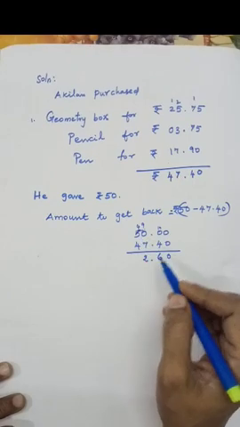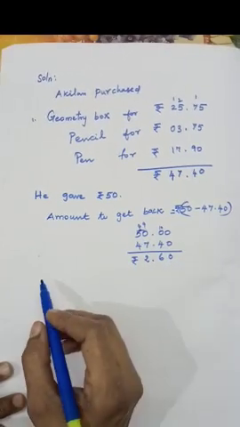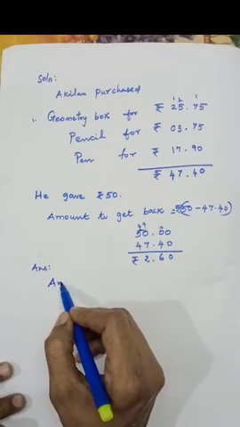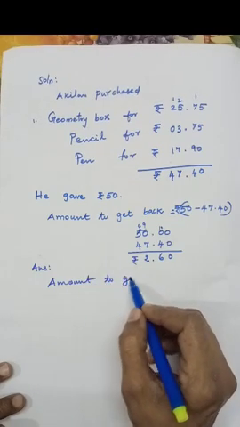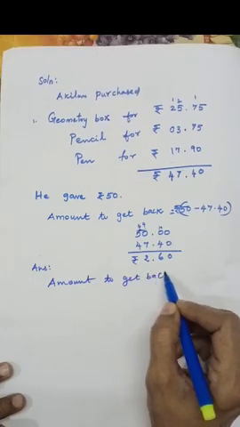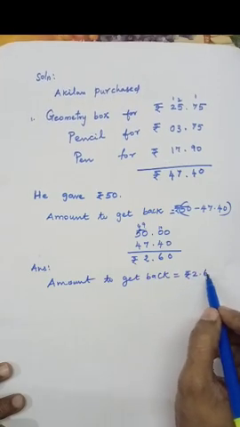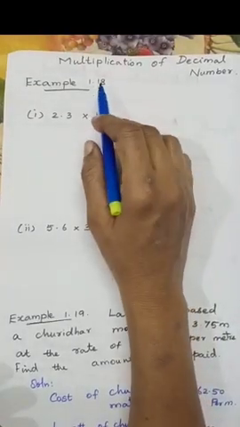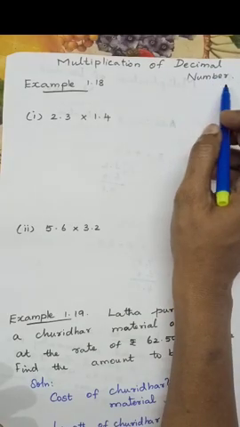So the remaining rupees is 2.50. So the amount to get back is equal to rupees 2.50, 2 rupees 50 paise.